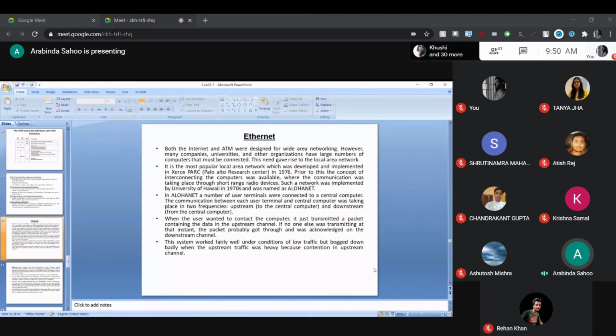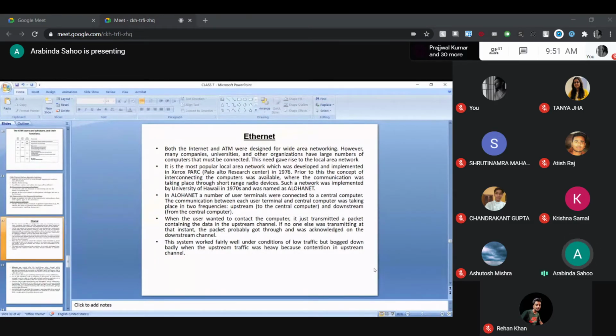If the central computer remains busy at that instant, it is not acknowledged, so the original computer sends on the upstream frequency to the central computer again, and this process continues. This is the process associated with Aloha net.